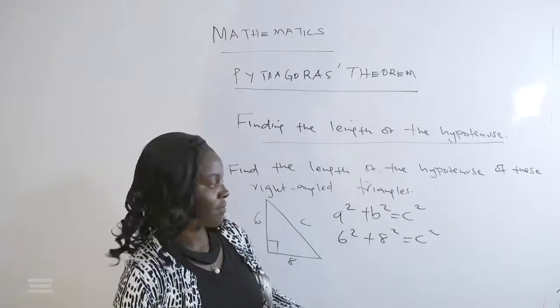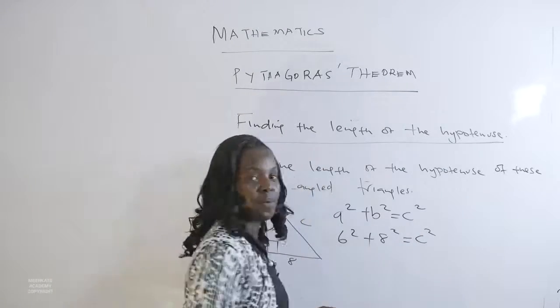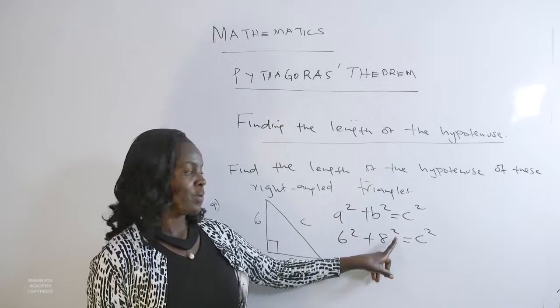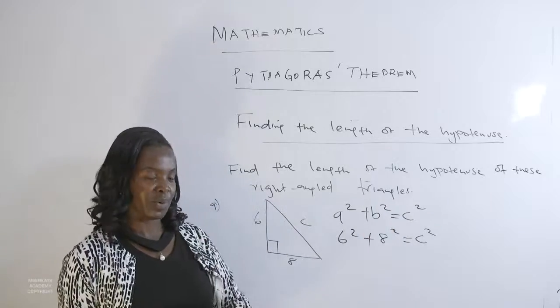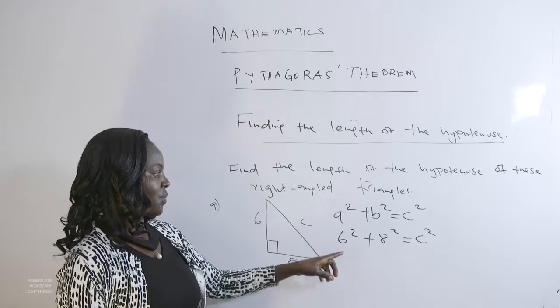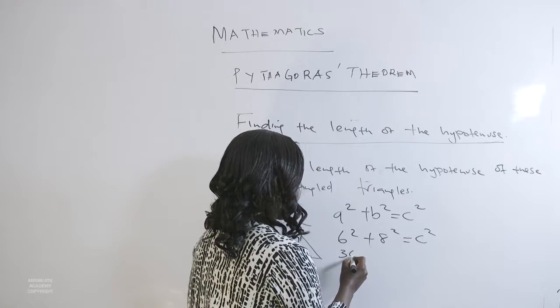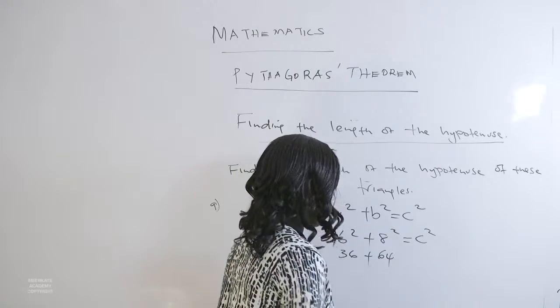And we have our equation now. 6 squared plus 8 squared will give us c squared. Because we only have one unknown, we can calculate and find the unknown. So 6 squared, that will give us 36. 8 squared, 64.